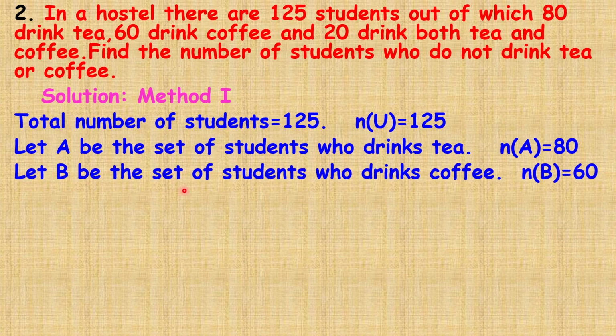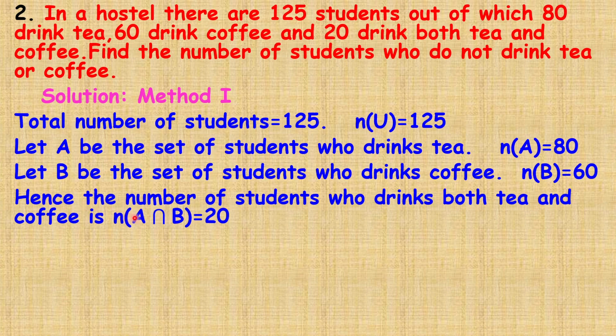Let B be the set of students who drink coffee. Here 60 students drink coffee. Therefore, the number of elements in set B is equal to 60. The number of students who drink both tea and coffee is, in the example, 20.